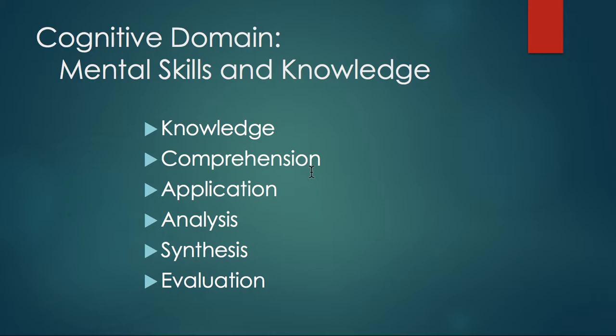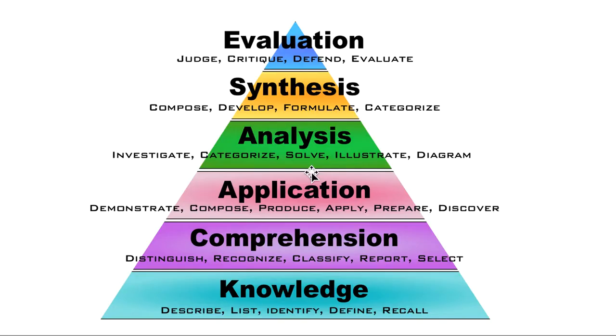But I'm going to show you first a couple of graphs of Bloom's taxonomy. This first one is the most common way you might see it. It's foundational and builds up. The lower level is knowledge, and it moves up to comprehension, then application, analysis, synthesis, and evaluation. This graph and the next one have some words tied to each level.